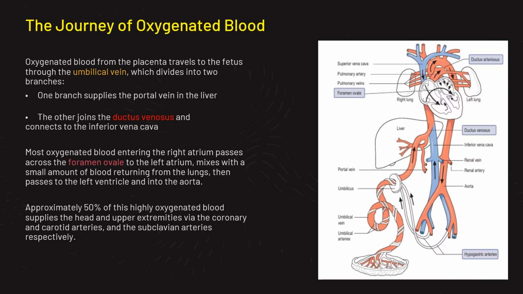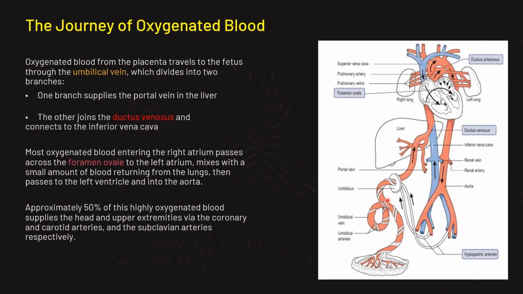Okay, so now let's learn about the fetal circulation and understand how oxygenated blood circulates in the fetal body. First, one thing you need to remember: in the fetus, the oxygenated blood is carried by veins, whereas deoxygenated blood is carried by arteries.